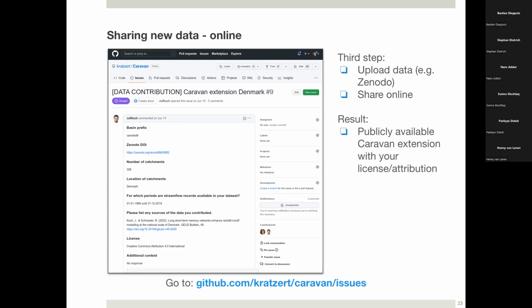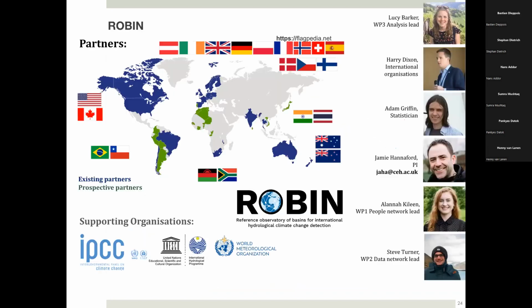And the link to download the data is there. We were very pleased actually when this happened, and we're hoping that there'll be other extensions of Caravan. I just wanted to give a shout out to this initiative, which I find very exciting.